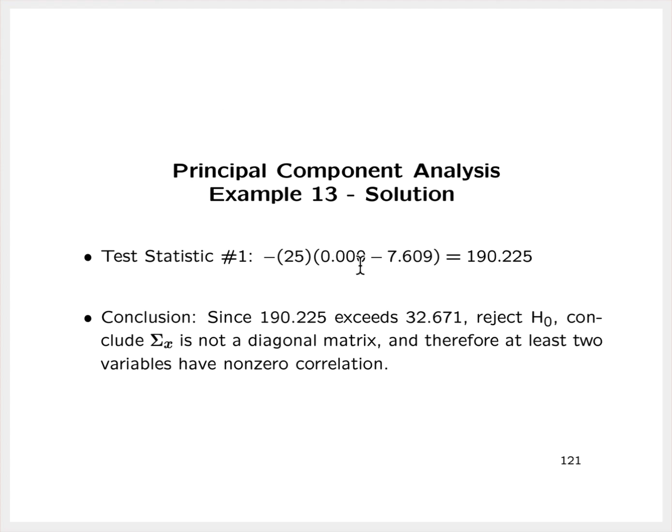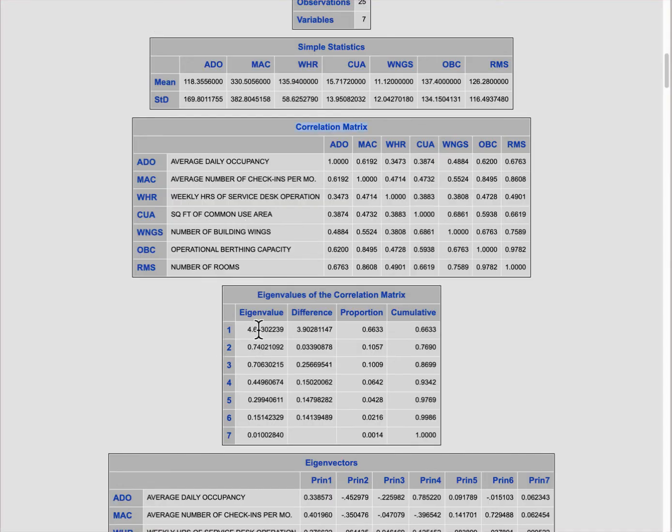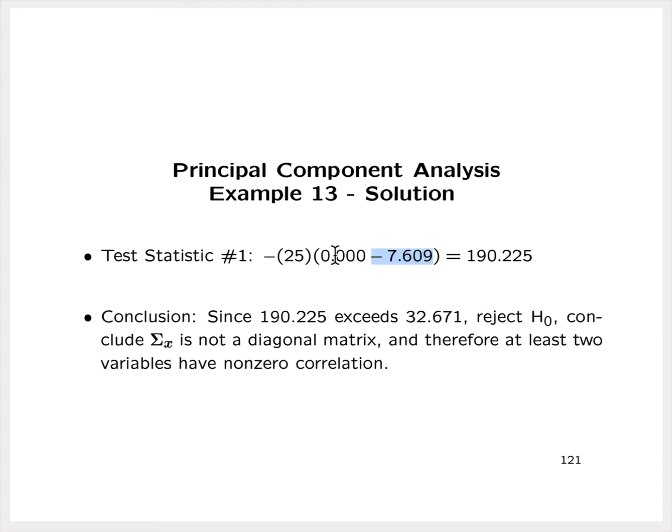Now, I don't want you to be confused. This negative 7.609 is the natural log of the product of the eigenvalues of the estimated correlation matrix. And so I've just rewritten this; it is equivalent.